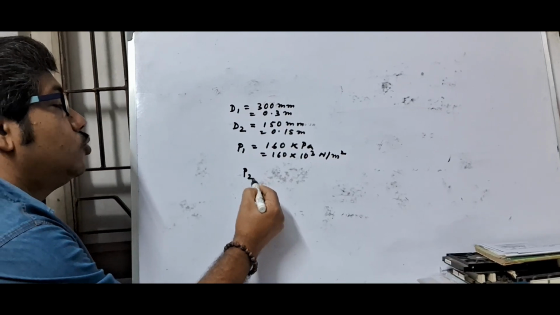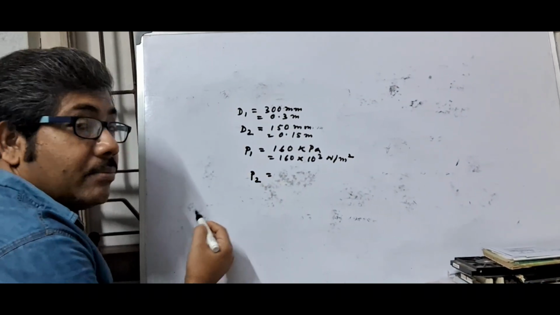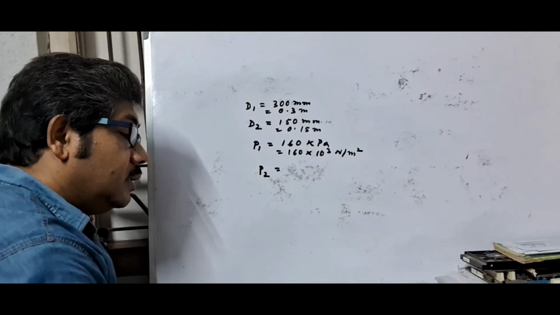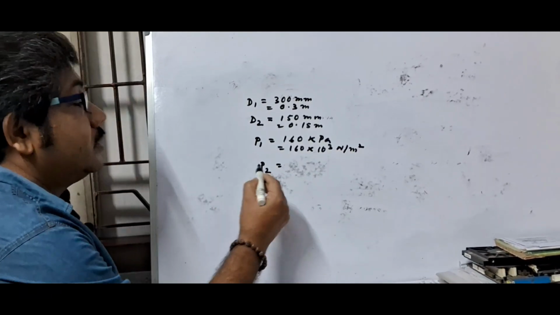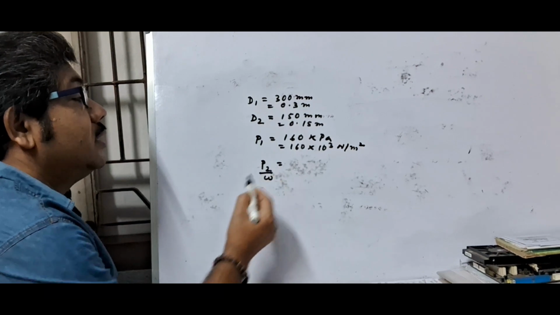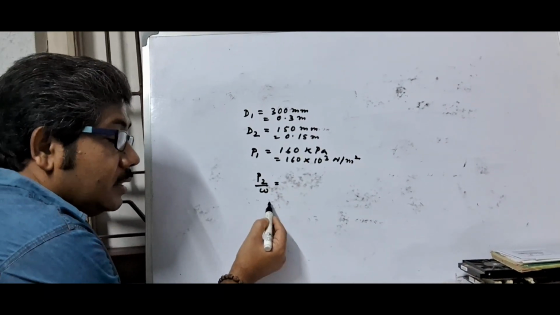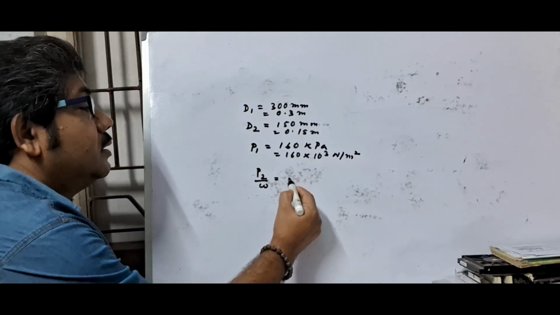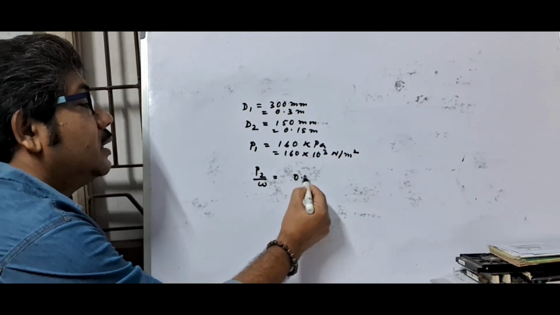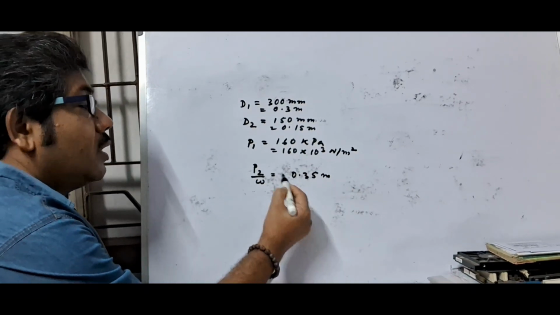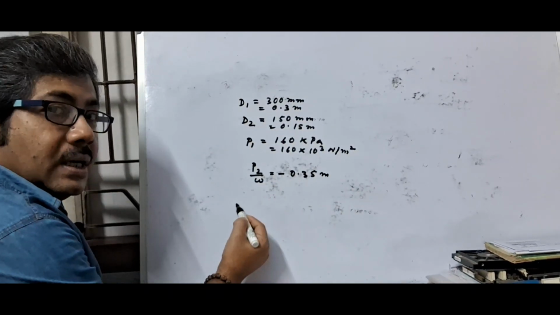Throat means section 2. And vacuum, so it will be negative. 350 millimeter, that means here this is actually pressure head. And this is 350 millimeter, so here this is 0.35 meter, and due to vacuum it will be negative.